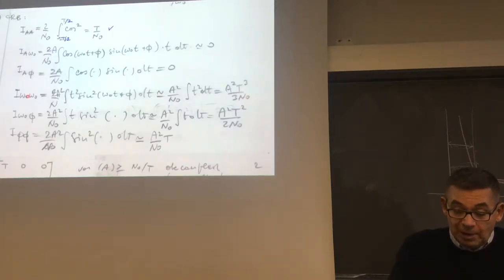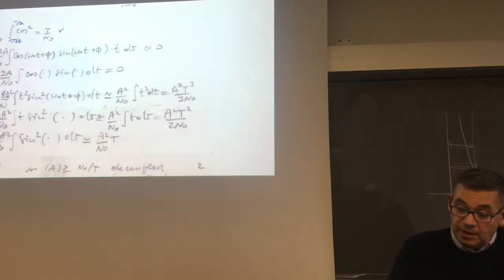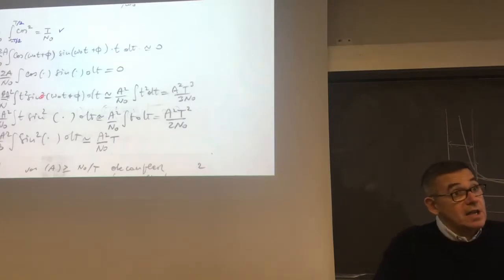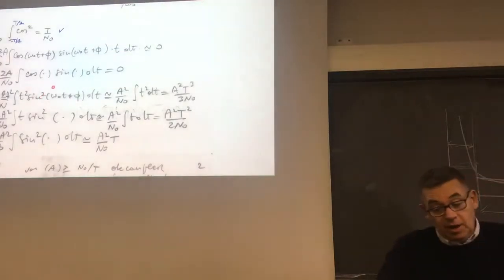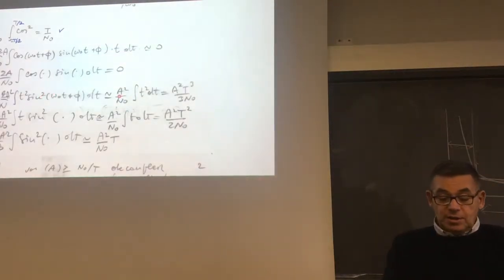If I consider omega, then look here, I have a sine squared. Sine squared, you only keep a 1/2. So it is A squared divided by N0, and then the integral.